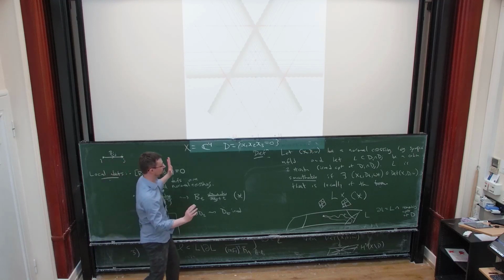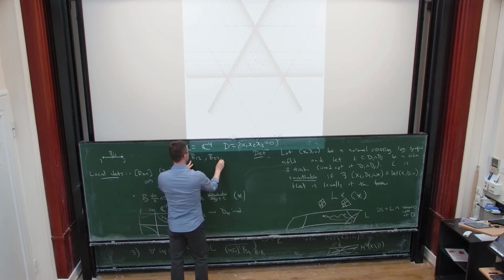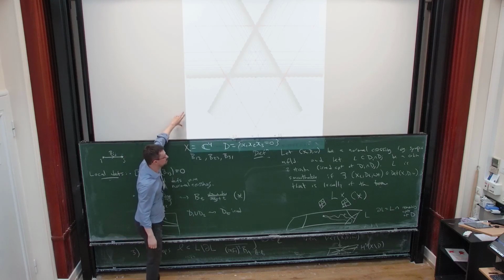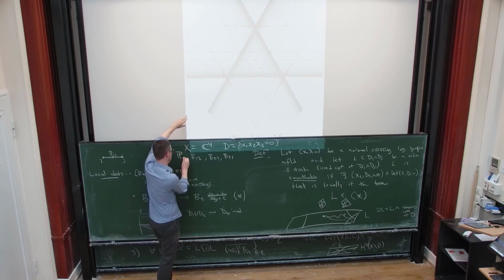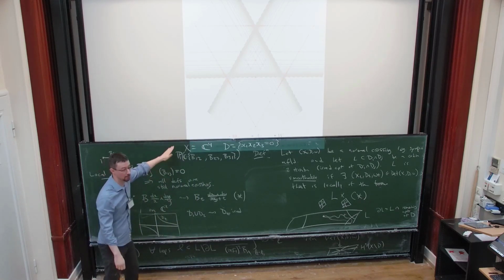And now I ask the question, how can I deform this? Well, there are going to be three residues that matter, b12, b23, and b31. So what I've drawn here is a projective space. It's a P2, which is the projectivization of the three-dimensional vector space spanned by the biresidues. This is the H2 of the complement.